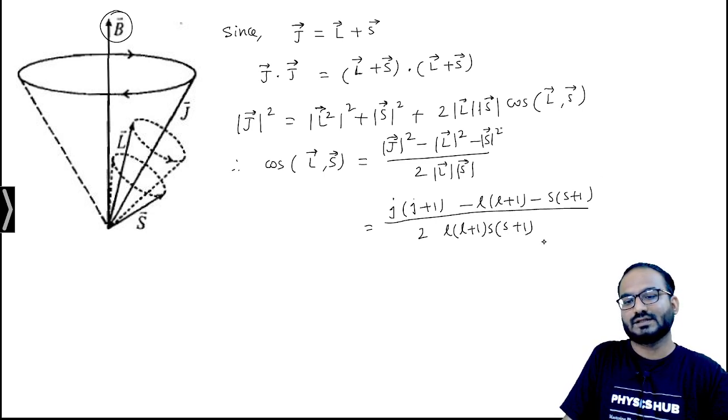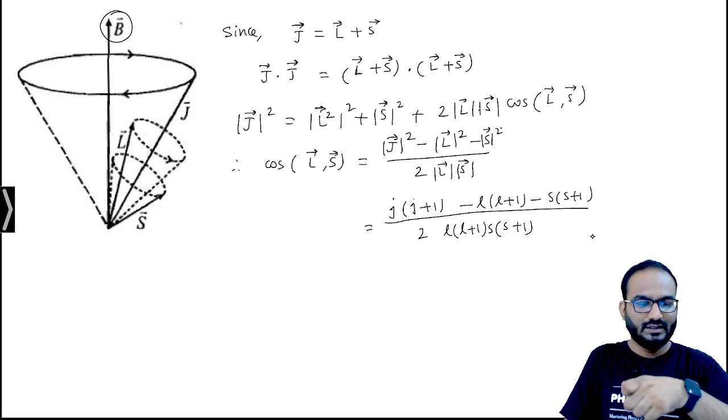So h cut square cancels from both numerator and denominator, and you get this result.